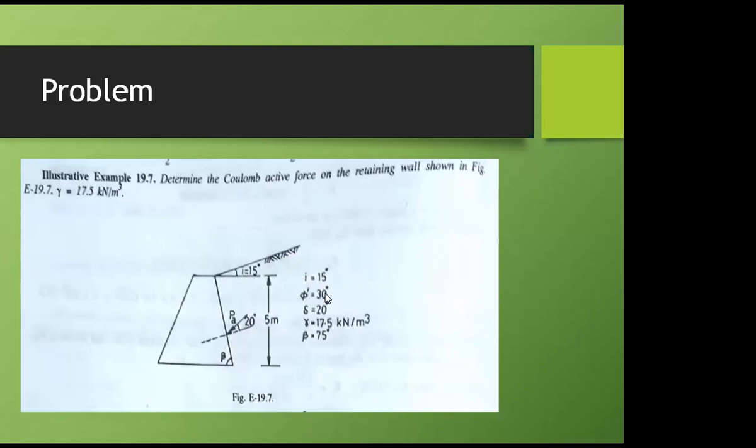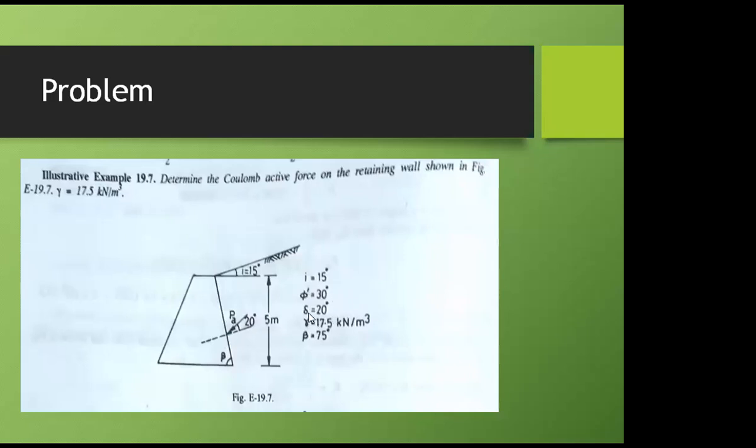Phi is the internal resistance, a property of soil. Otherwise we can say it is the frictional angle also, but as we have one more frictional angle here, let us call it the internal frictional angle. Phi is the internal property of soil.